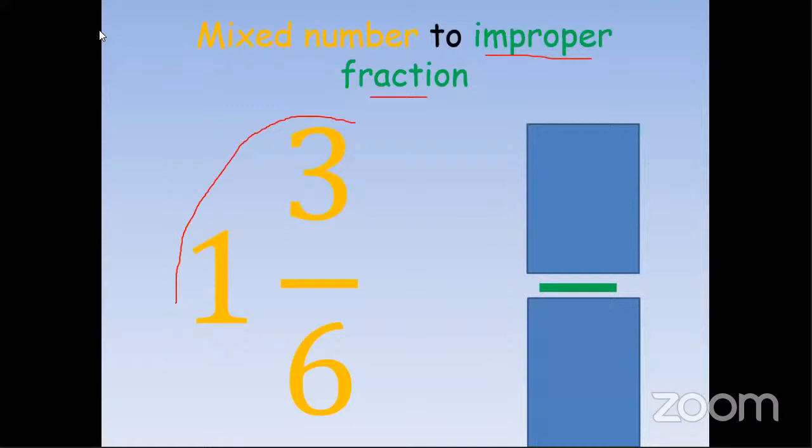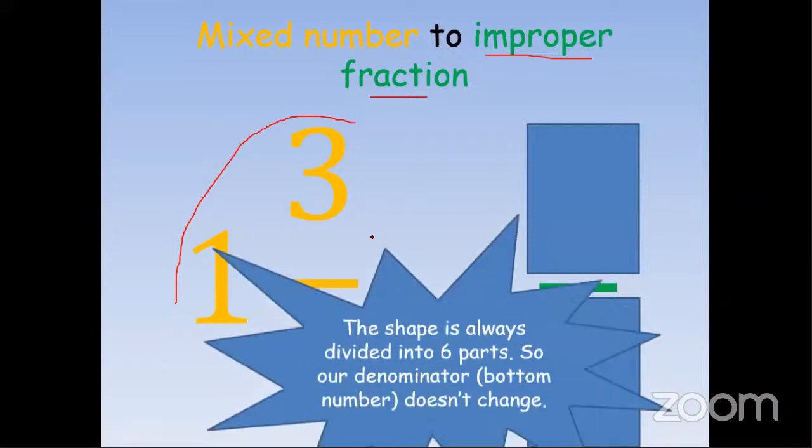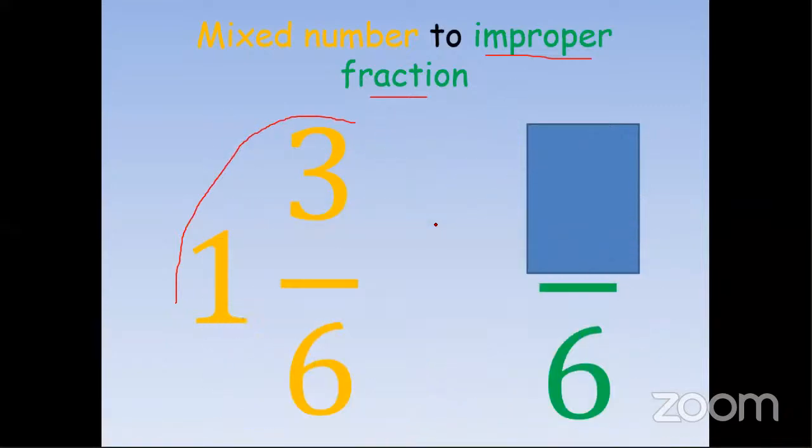So for us to do that, we have steps that we are following. Look at our step 1. Our denominator will always remain. So if you have a denominator as 6, your denominator in an improper fraction is also going to be 6.